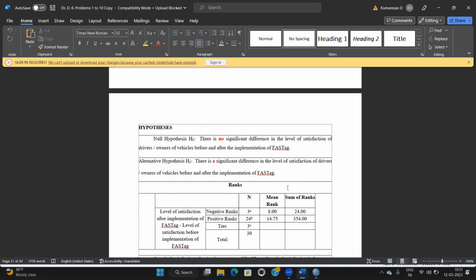The similarity is with reference to the number of samples and number of data. In the case of the independent sample t-test and Mann-Whitney U test, number of samples is 2 and number of data is 1.